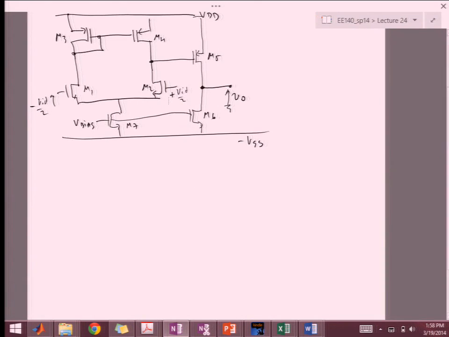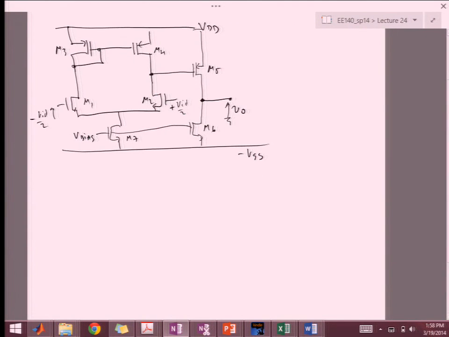Okay, so if we take a look at this, we can draw the simplified small signal diagram. VID is here, and then I have GM1 times VID.